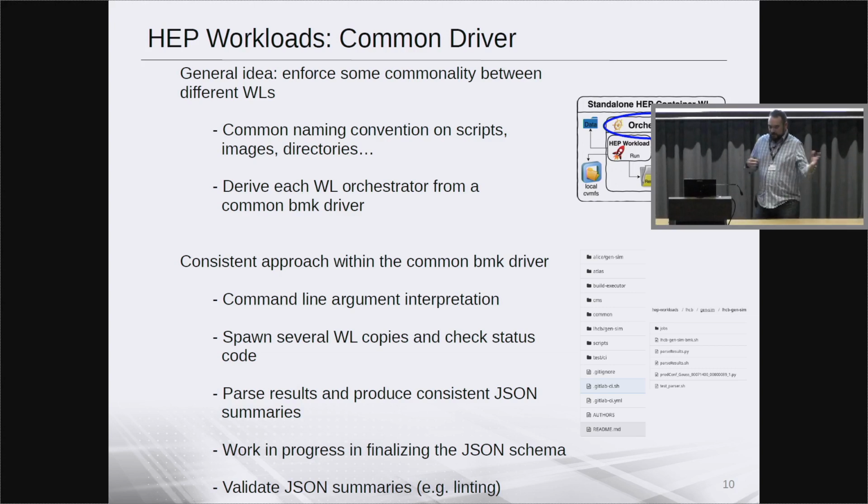This is all done in a common script that the experiment-specific workloads source. And you can see on the side here, there's really not a lot of scripts you have to include for the experiment-specific components.